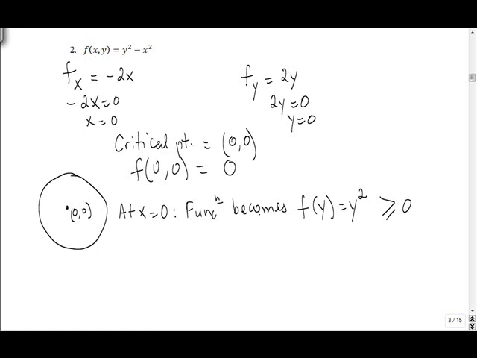Are you with me? Now hold y equals 0. What does the function become now? F of x equals negative x squared, right? Which is always less than or equal to 0. So basically, we can say this.